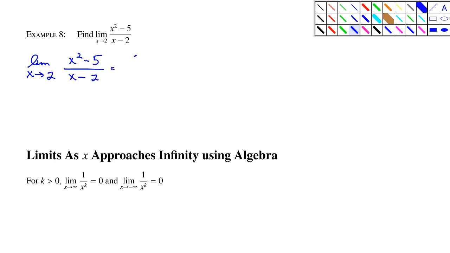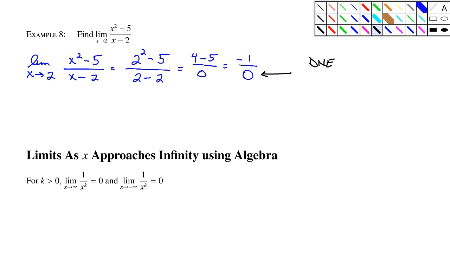That would be 2 squared minus 5 over 2 minus 2. So that's 4 minus 5 over 0, which is negative 1 over 0. Okay, so that's pretty bad. Yeah, so we got a 0 here. And so this limit is not going to exist. So we're going to say right now: does not exist.